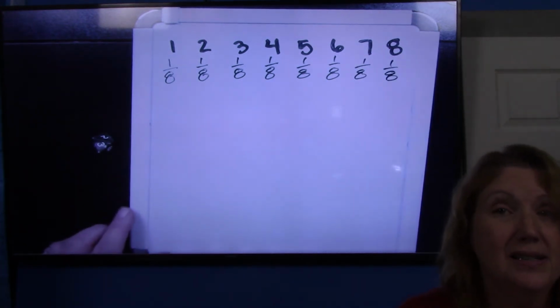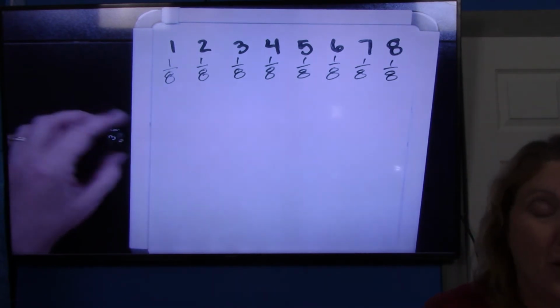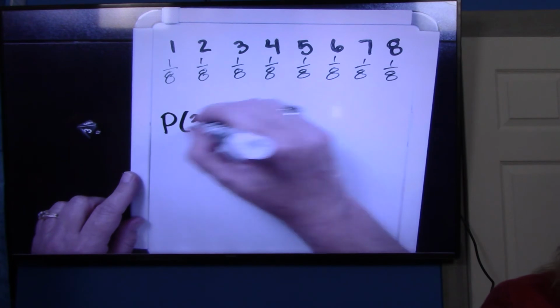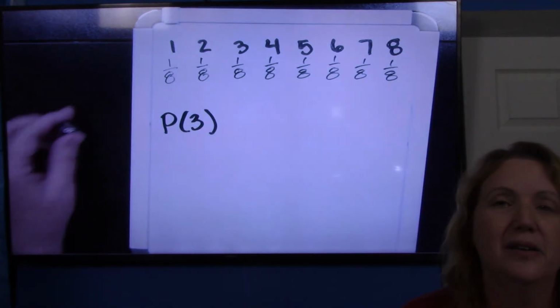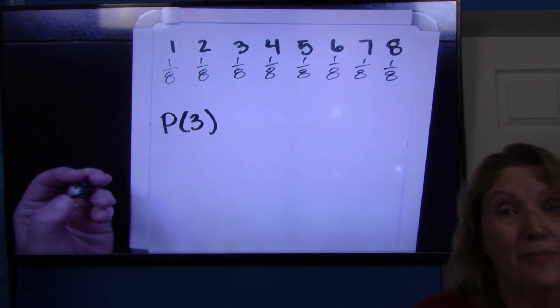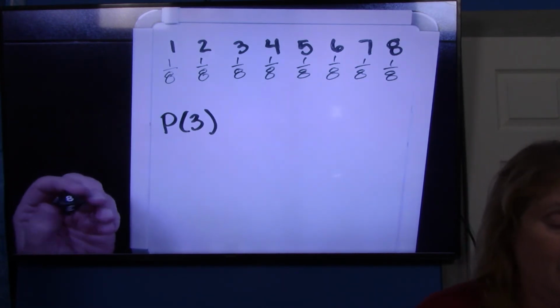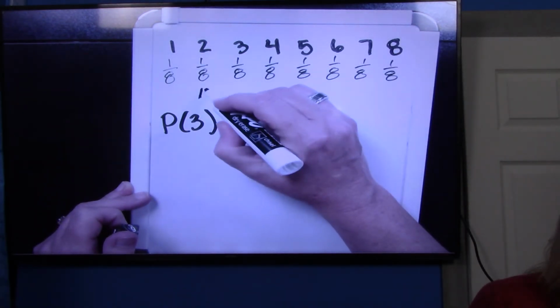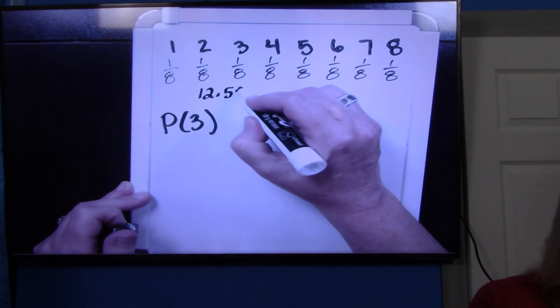Now, I already said that if I were just to pick one of them and said, what's the probability, let's say getting a 3. What's the probability of getting a 3? I only have 12.5% chance of getting it right. Remember? Because each one of these is 12.5% chance.